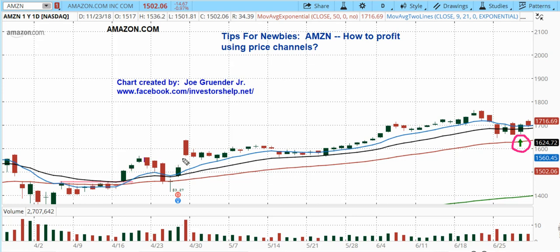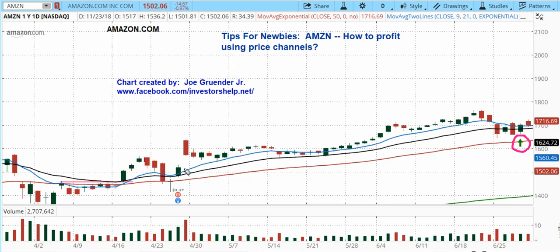It's not a channel yet, but we can see our exponential moving averages moving up. We're using the 9, the 21, and also the 50 exponential moving average. You can see here, of course, green is up close, red is down close.